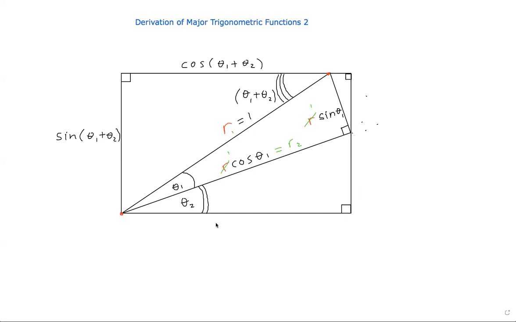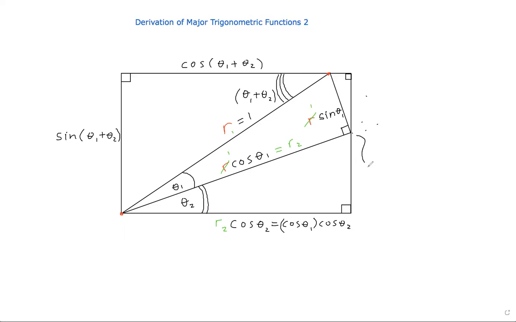Okay, so we say r sub 2 times, this is the adjacent side, so that's going to give us cosine of theta 2. And we know r sub 2 is equal to cosine of theta 1. So we can substitute this in: cosine of theta 1, in parentheses since I substituted it for r sub 2, times the cosine of theta 2.